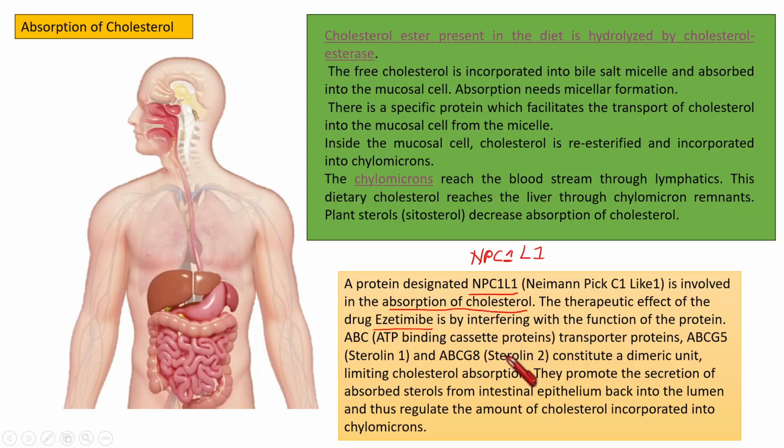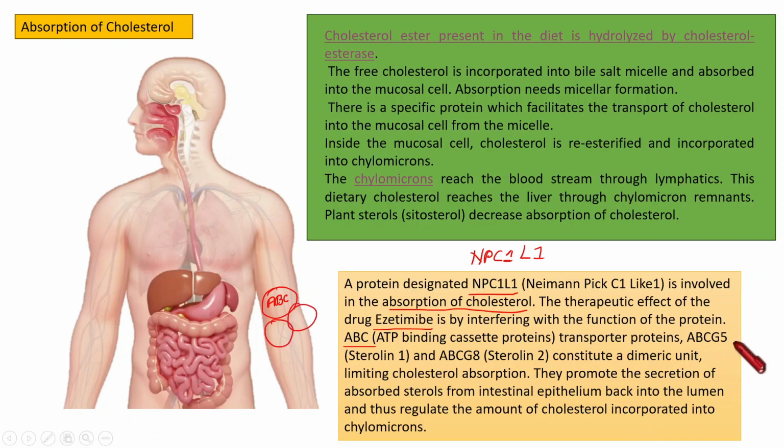That is one method. And also there are some protein complexes. Which are those complexes? One among them is ABC. ABC is ATP binding cassette protein. It is a transporter protein. Along with that protein, I'm just drawing ABC, and along with that, two other proteins are also joining.